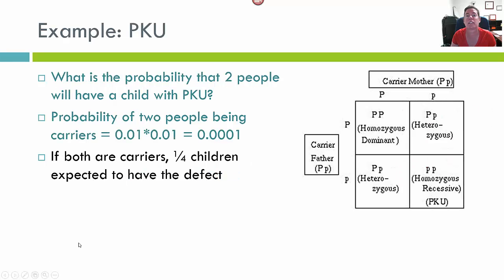So what's the probability that 2 people will have a child with PKU? The probability of two people being carriers for PKU is 0.01 times 0.01, which equals 0.0001. If both are carriers, that means 1/4 of the children are expected to have this defect.